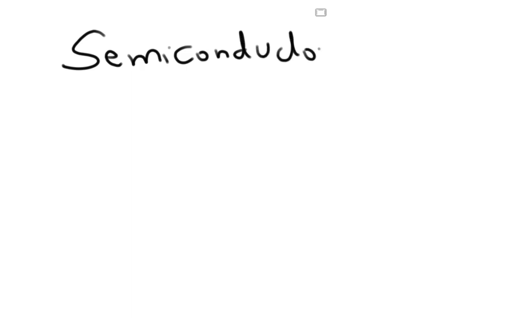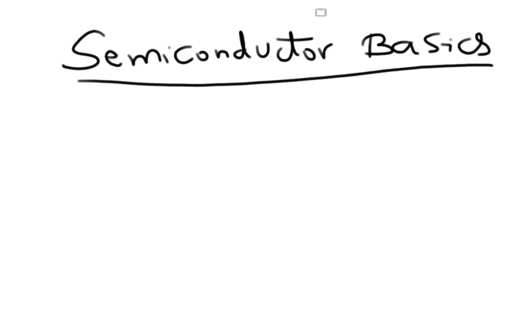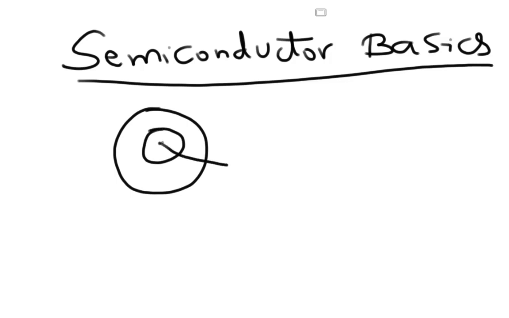To understand the PN junction diode, let us quickly revisit the semiconductor basics. Consider an atom with nucleus and electrons. Nucleus consists of protons and neutrons.